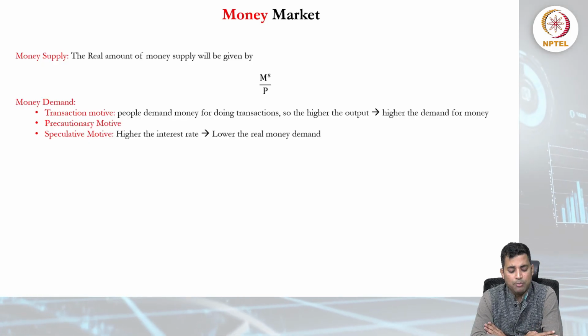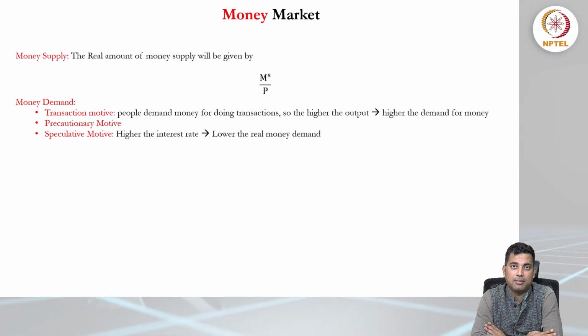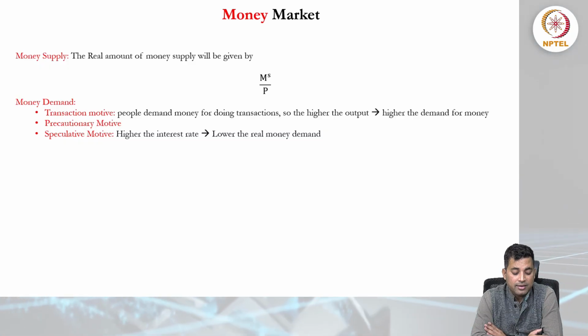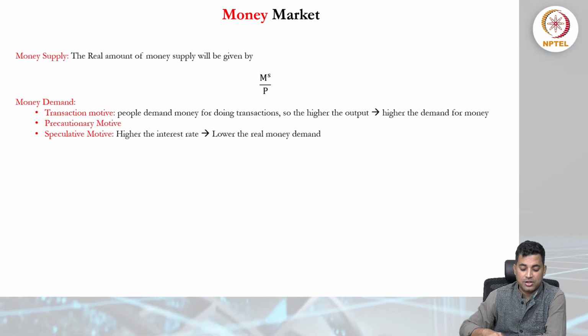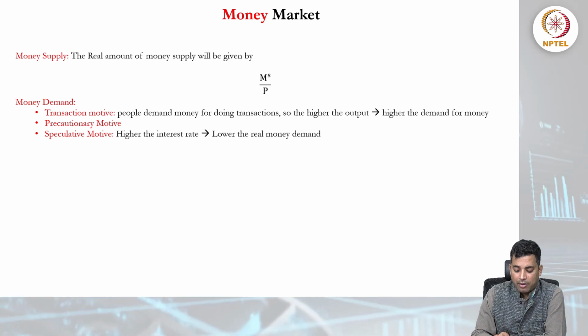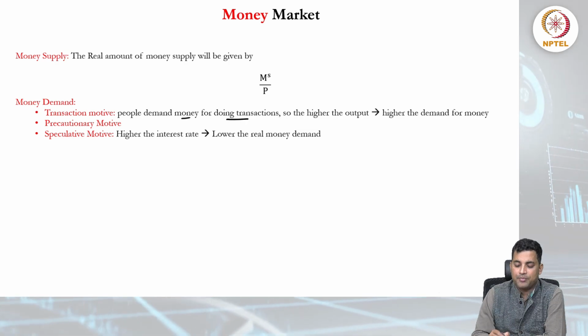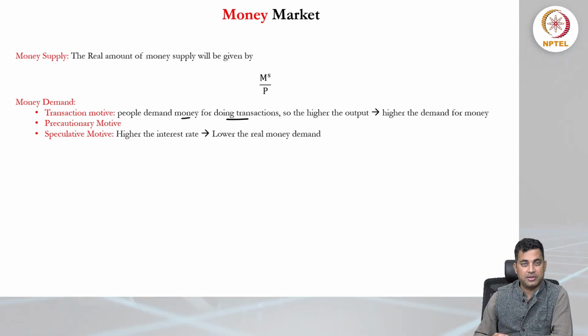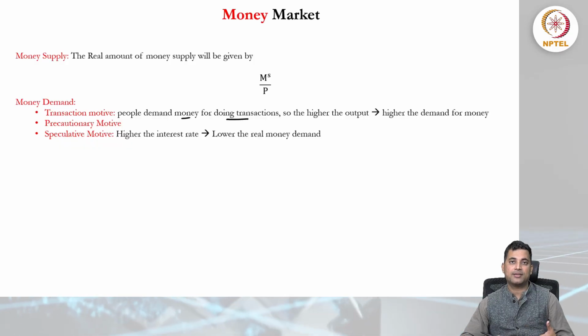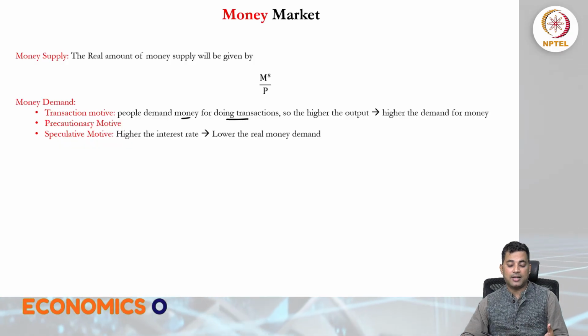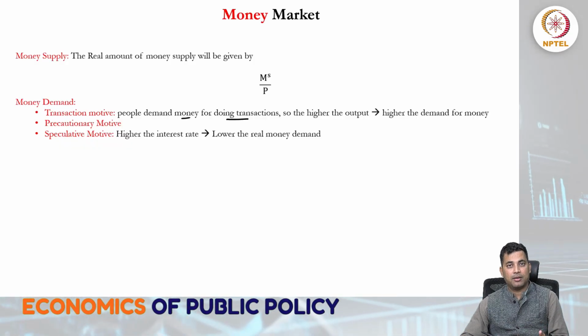There are three motives for which money gets demanded. One is the transaction purpose, like transaction demand. When people demand more money for doing transactions, like buying more goods and services, then they require money.